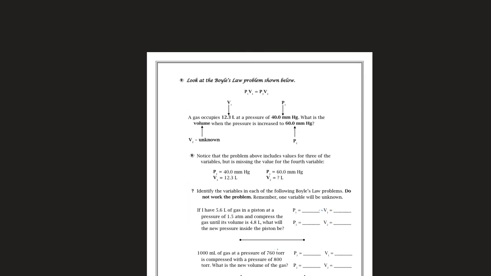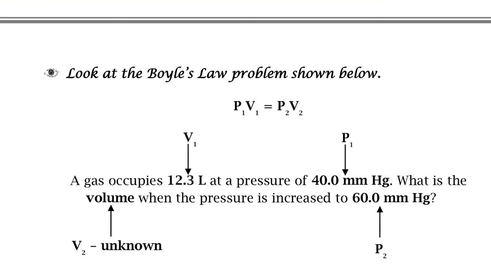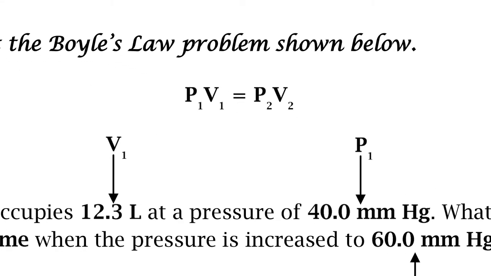Now, what we saw, this is the Boyle's law formula: P1 times V1 is equal to P2 times V2. These little 1s mean the initial condition, or starting condition, or before.